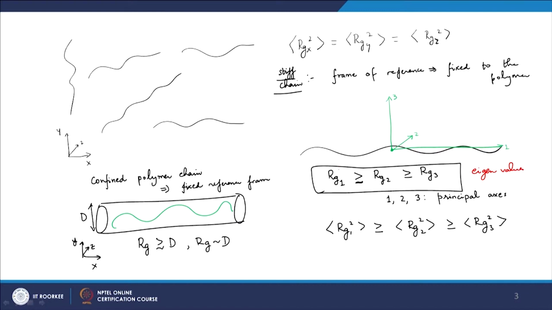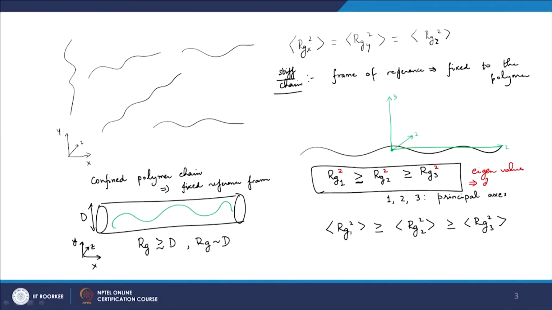Actually, we will look at the squares of these quantities for the simple reason that the gyration matrix is squared in distances. So, the eigenvalues will come by diagonalization of S, that is the standard stuff that we do in any eigenvalue problem.